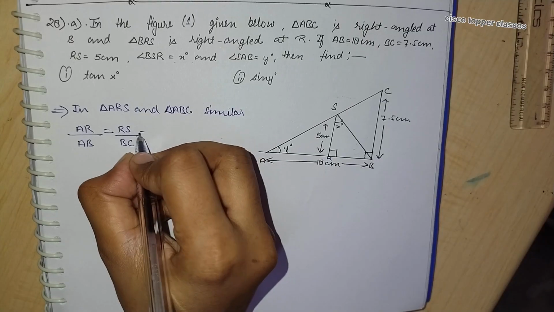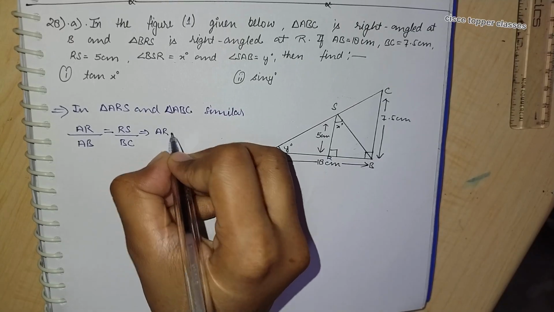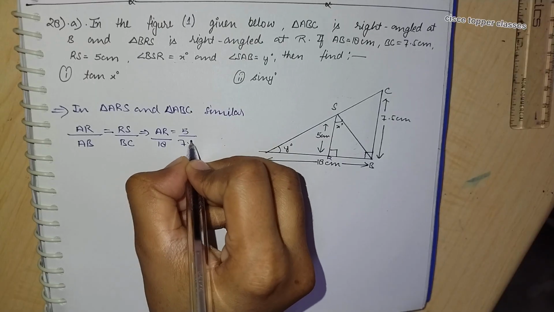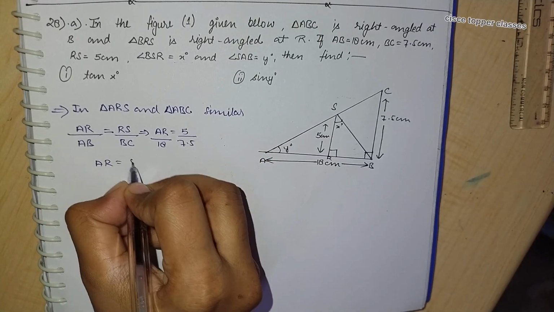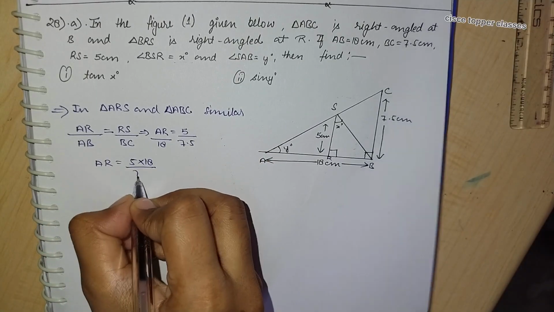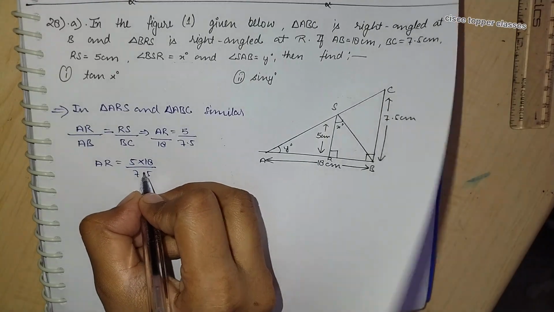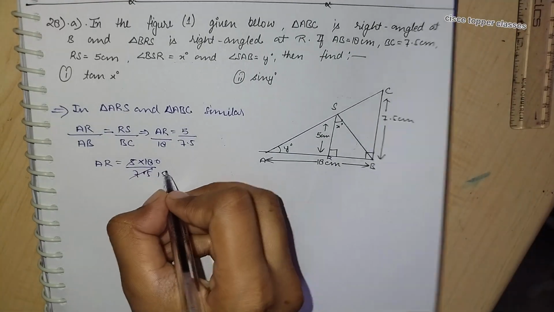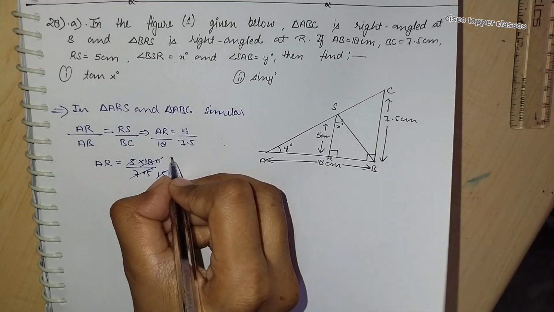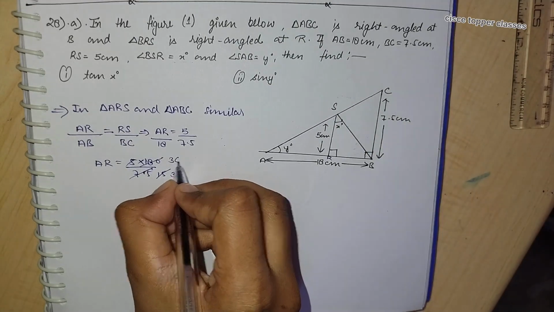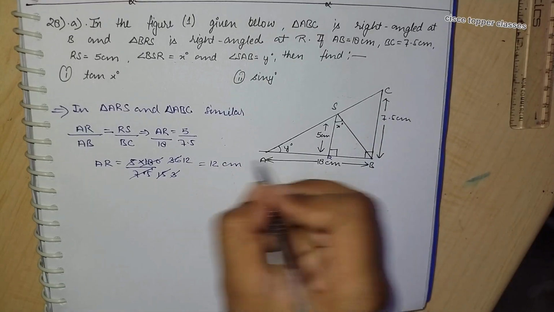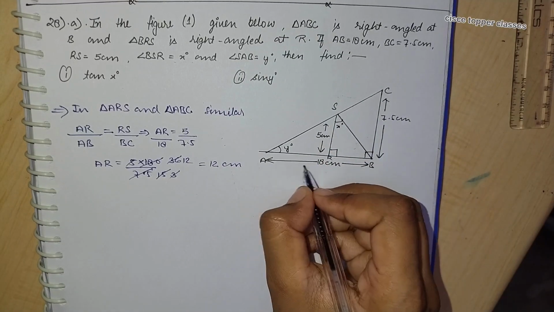So if we put the value, AR divided by 18 is equal to 5 divided by 7.5, and AR will be 5 into 18 divided by 7.5. We will increase 0 here, it will be 1, and here 5. So if we cancel out this part, this will be 3, 6, so 12. So 12 centimeter is the side here of AR. So this is AR is equal to 12.